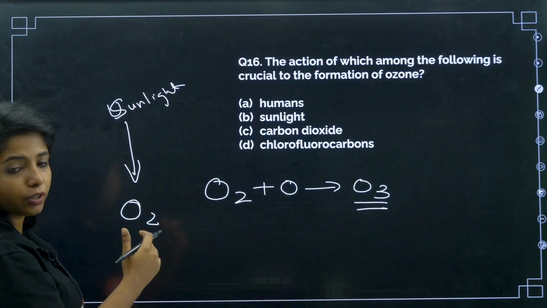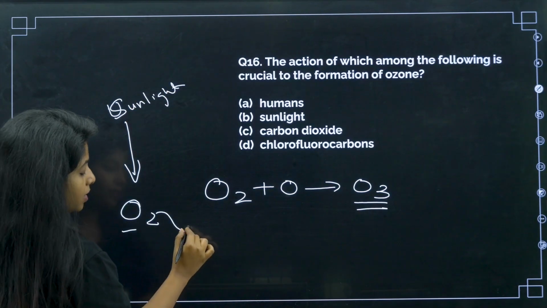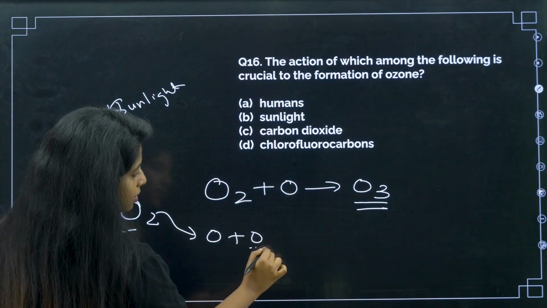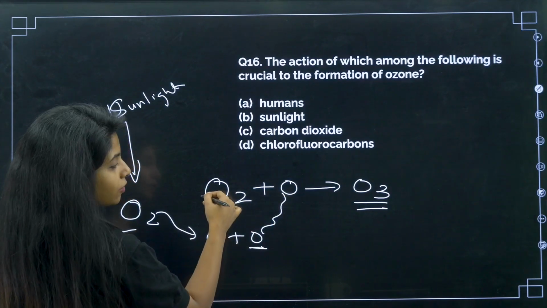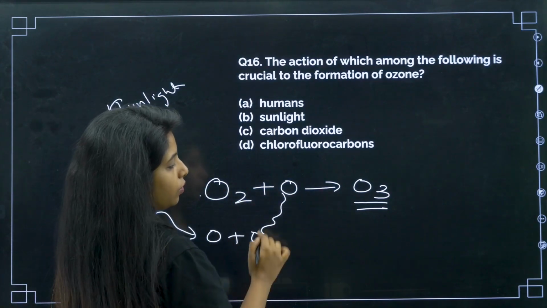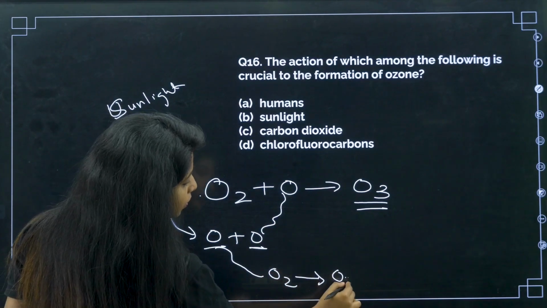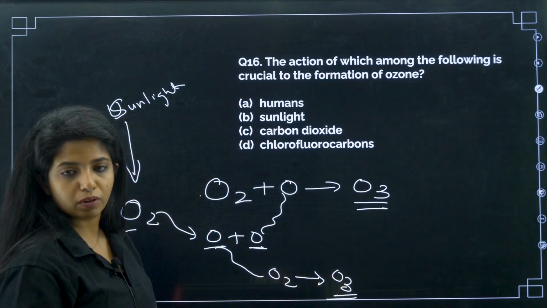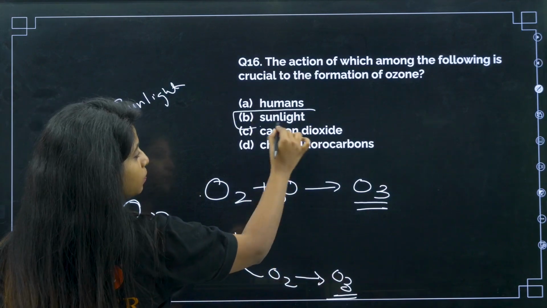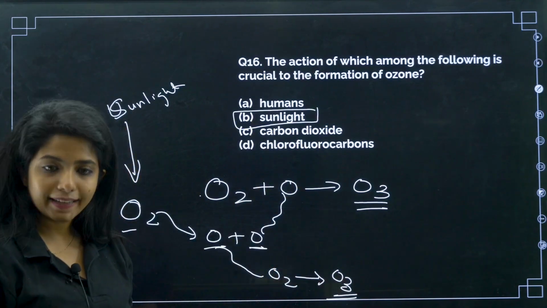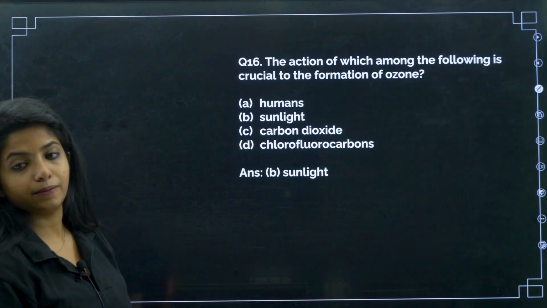When the sun's UV rays fall on it, the O2 breaks down into two O's. This O can bind with another oxygen molecule to give O3. Similarly, this O can bind with another oxygen molecule to give O3. This is how ozone is formed. So, can I say it is sunlight that plays a major role here? Yes. So, this becomes the answer.